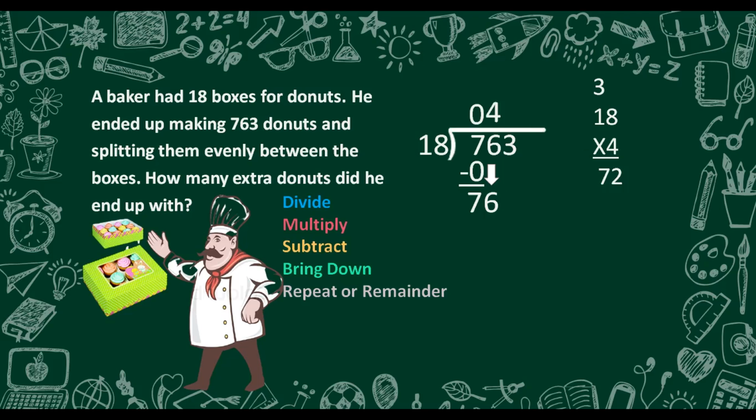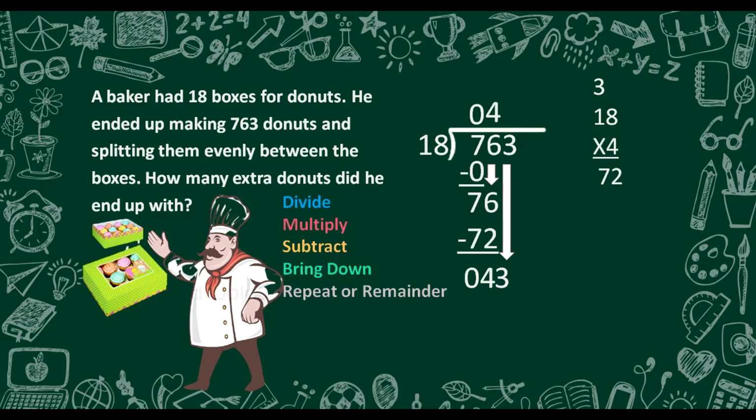18 times 4, multiplication, which is our next step, would give us 72. Then we can subtract. 76 minus 72 would give us 4. What's our next step, guys? Great. Bring down the 3 in the ones place.